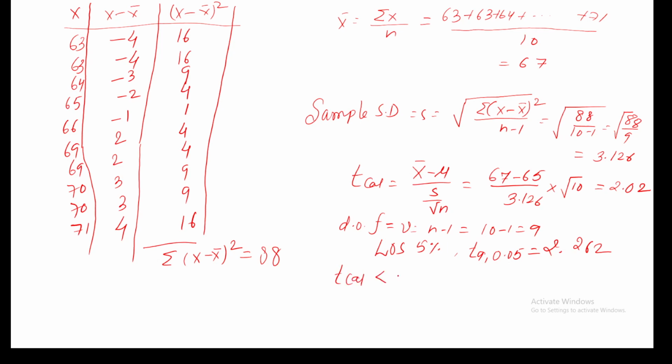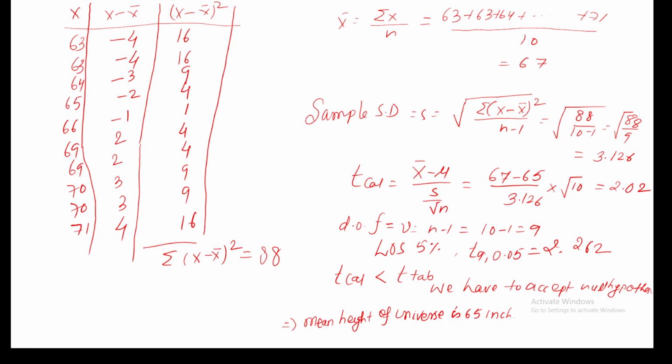T calculated is less than T tabulated, meaning we have to accept the null hypothesis. Is it correct now? That's the same way you got also. It means the mean height of the university is 65. Does anyone have any doubt till now?